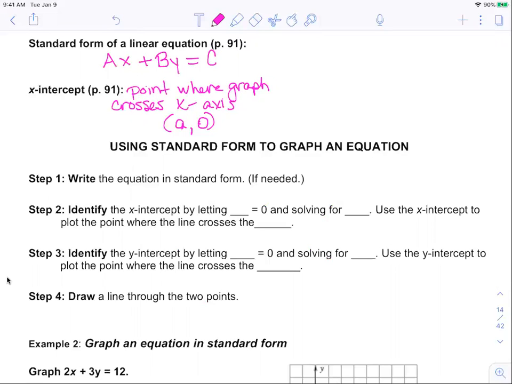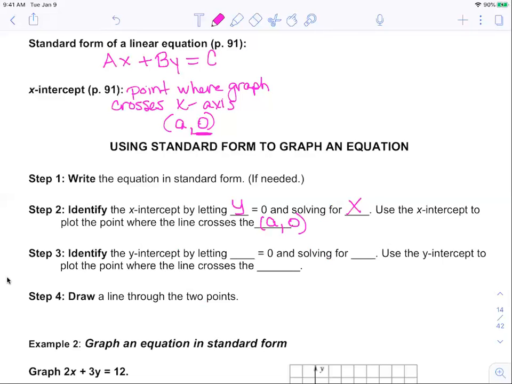So you identify how it is written and which form you want to use. The second step: identify the x-intercept by letting the y value equal 0. That's because an x-intercept crosses the x-axis when y is 0. And then you solve for x. The x-intercept would be the place where the line crosses the graph at a comma 0.